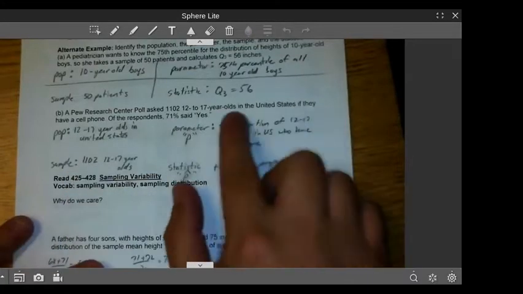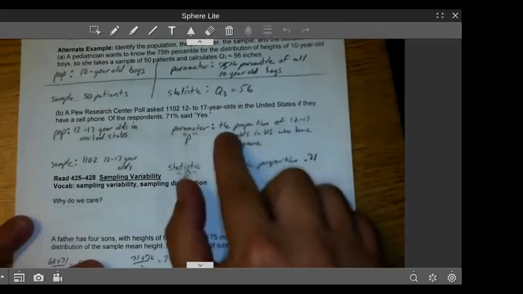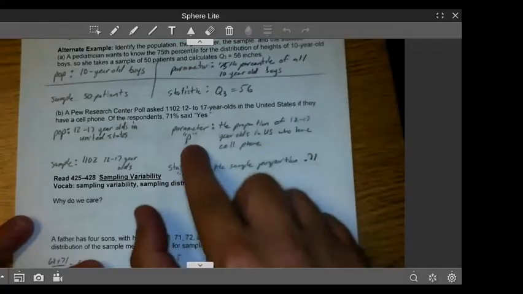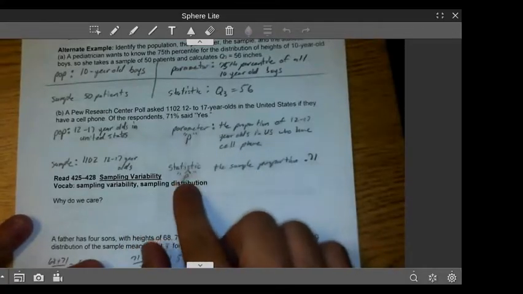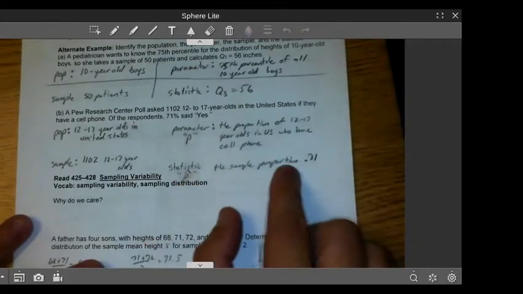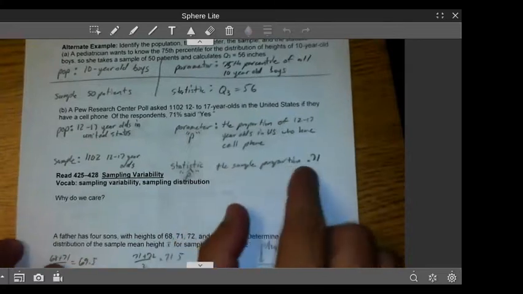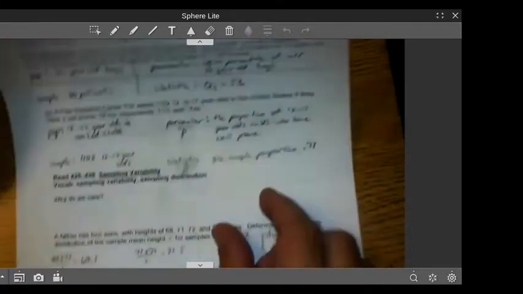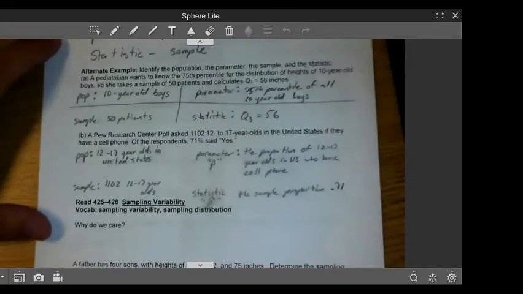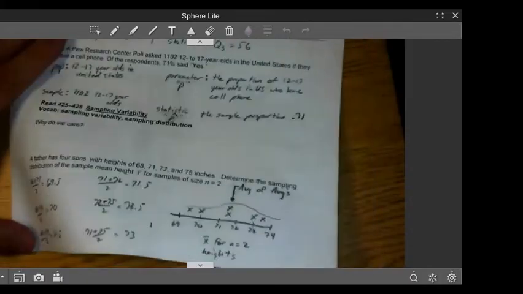Then in general, we wanted to know the proportion of them that had one, and that's going to be p, the variable we'll be using a lot second semester. And the statistic p-hat is the sample proportion of 71%. Maybe they won't ask you to do all four, but you'll be asked to identify certain pieces. It shouldn't be too bad. There are some homework problems. Make sure you practice them.